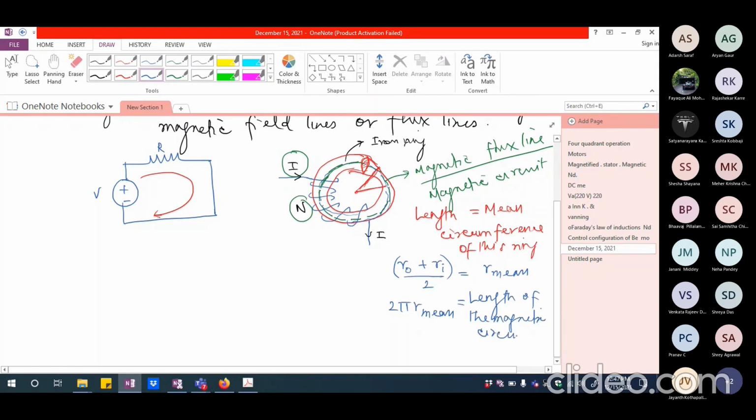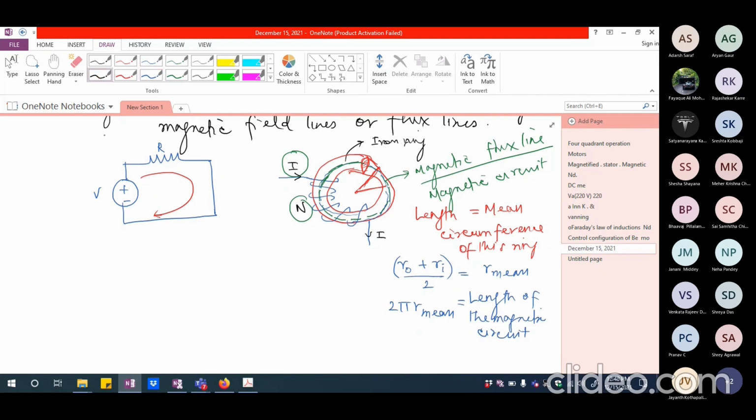Okay. Now, whenever magnetism is established, a flux is established in a magnetic circuit, or field lines are really created because of the current flowing in the magnetic circuit.